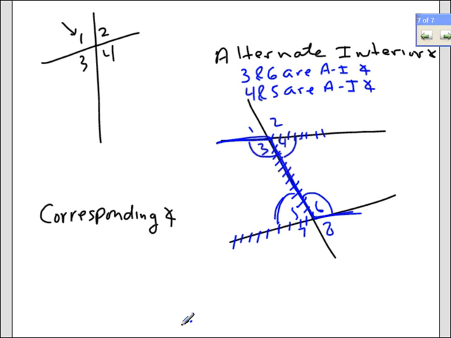I'm going to call 1 the top left angle. I'm going to call angle 2 the top right angle. Angle 3, the bottom left angle. And angle 4, the bottom right angle. And now we have 5, 6, 7, and 8.